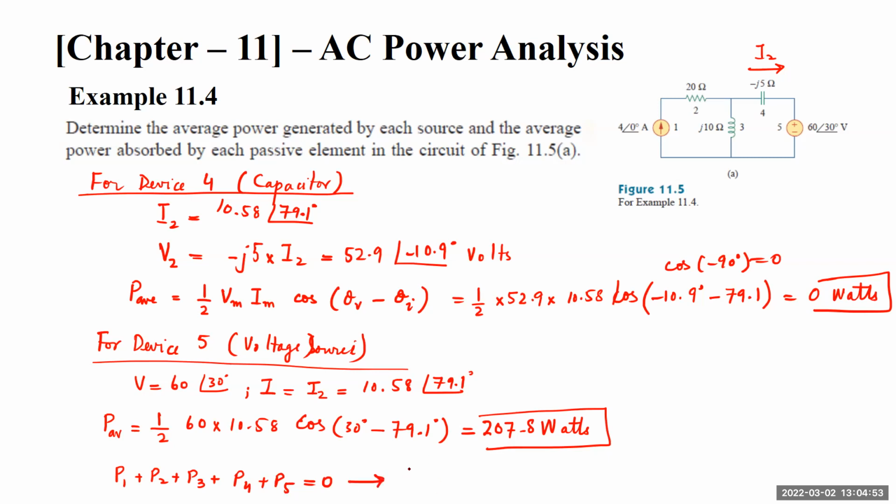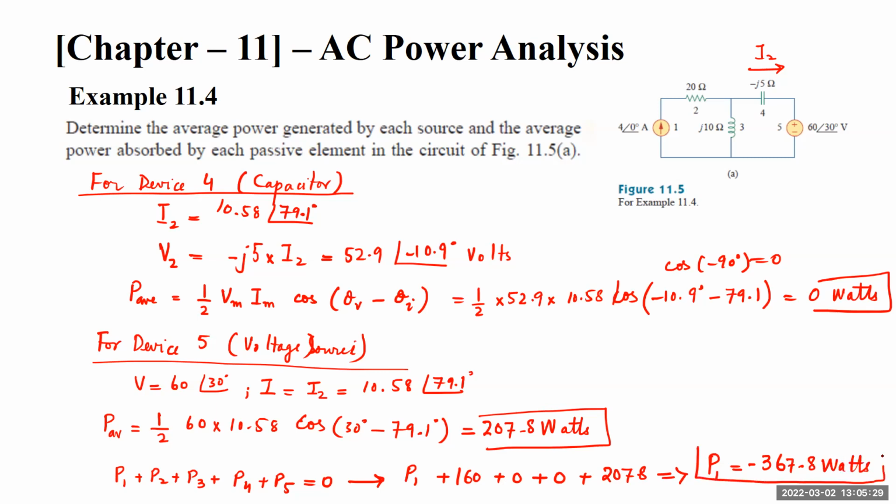We do not have the value of P1, but we have the value of P2, which we calculated to be 160 watts. So P2 is 160 watts, plus 0 watts for P3, 0 watts for P4, and 207.8 watts for device number 5. Overall, P1 is minus 160 plus 207.8, so P1 is approximately minus 336.78 watts.